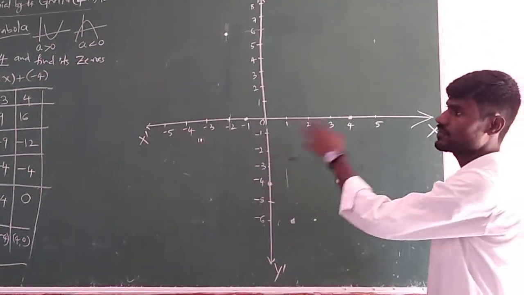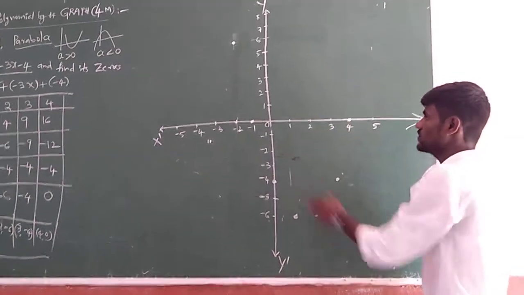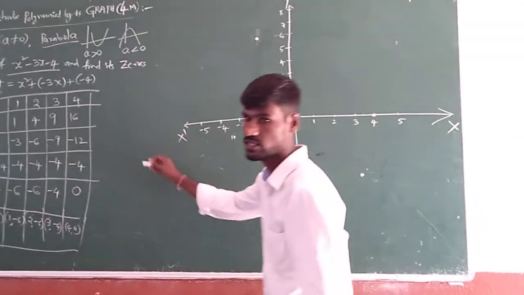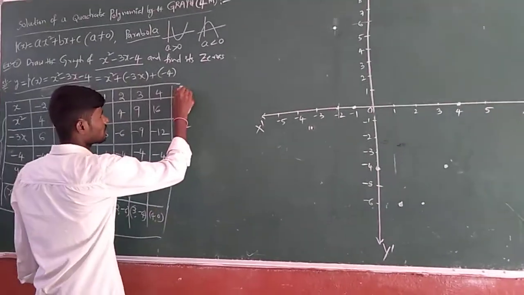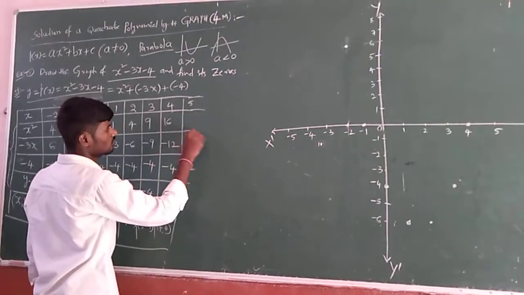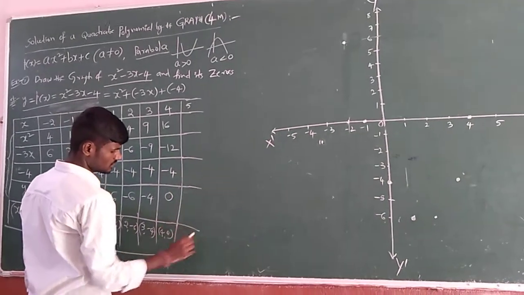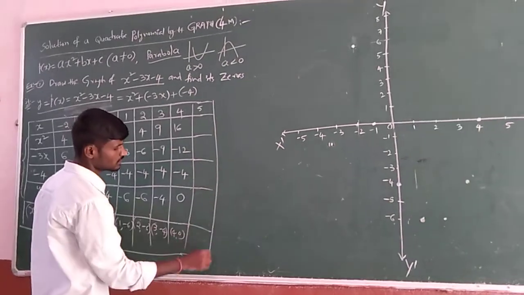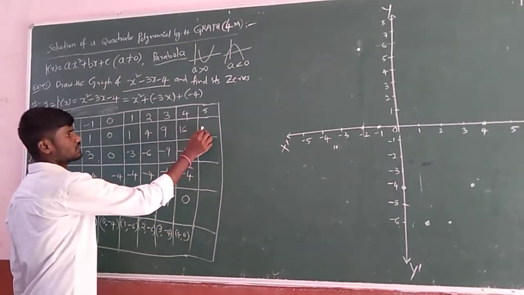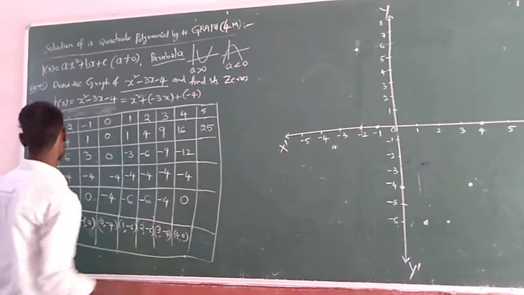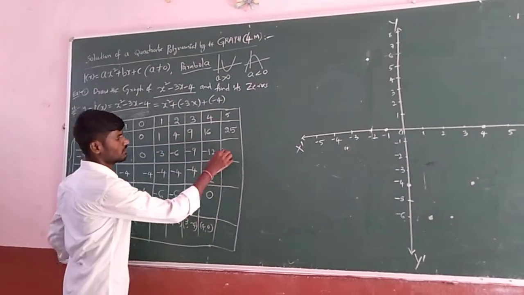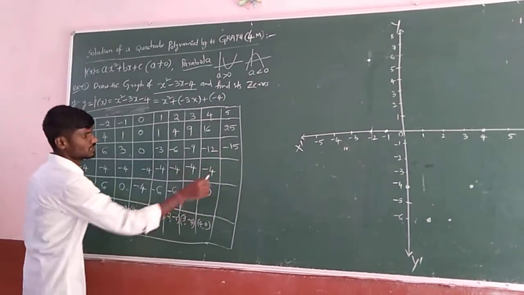If you take a further value, you will get another point, if you want to extend. Suppose I take 5, for example, and add one more. That is our wish; there is no condition to add. x square means 5 square, 25. Minus 3 into 5, minus 15. Next, minus 4 as it is.